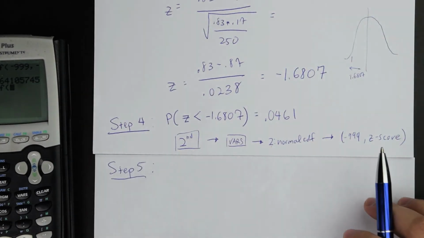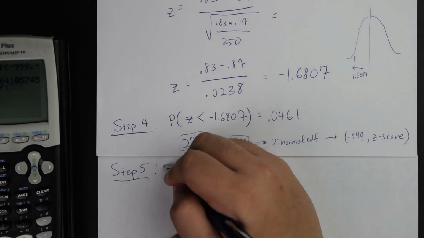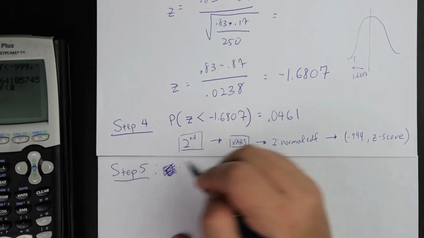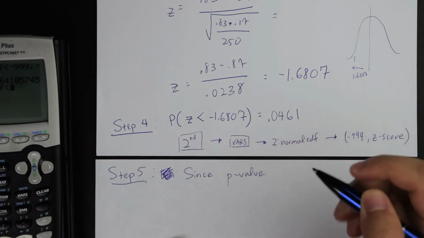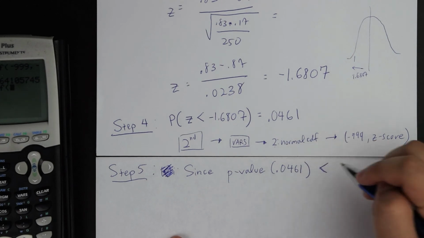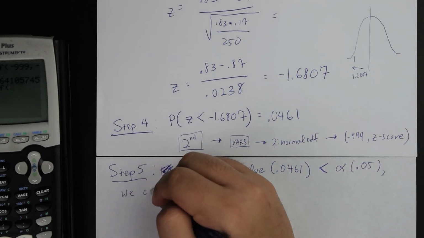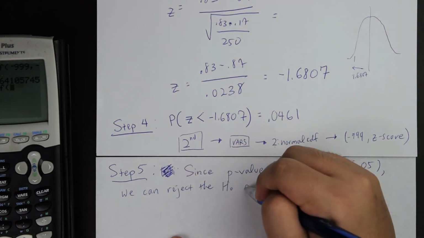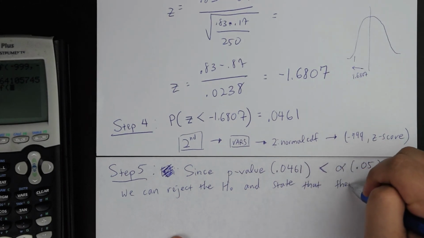And so just because this is a statistical framework, or the procedural aspect of it, I'll write down: since my p-value is 0.0461, it's less than the alpha at the 0.05 level, we can reject the null hypothesis and state that there is enough evidence to reject the researcher's claim.